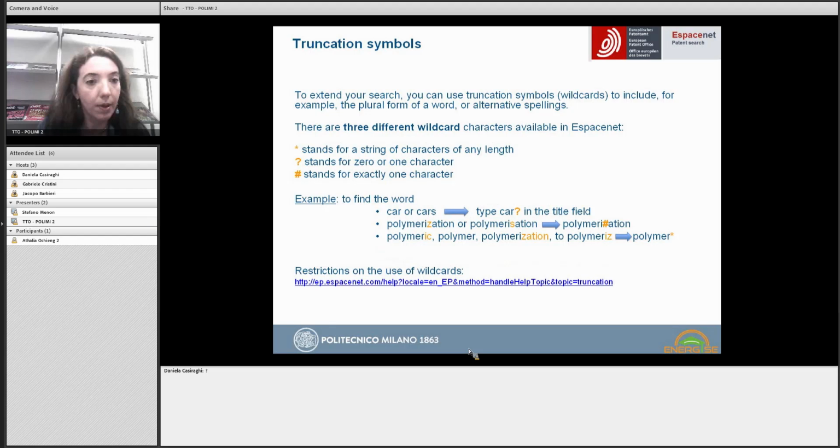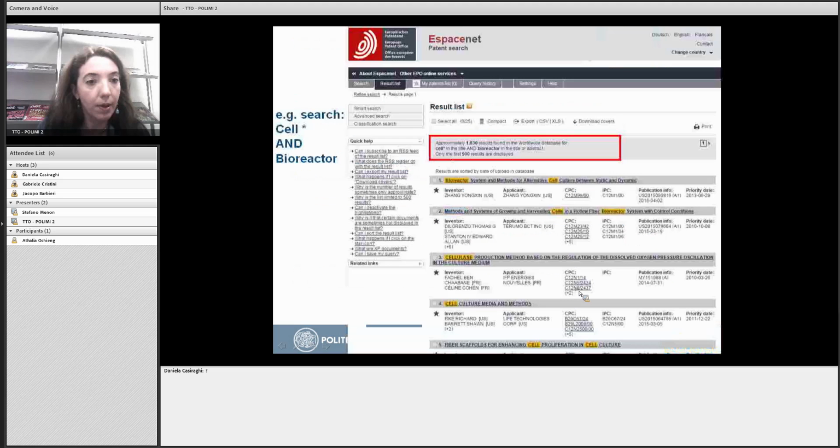The same for the star. If you use the star, you are substituting a string of characters of any length. So if I'm interested in patents containing the word polymer, I'm finding with polymer star the words polymeric, polymer, polymerization, polymerize, and so on. This is just an example. You can find more information on this website.